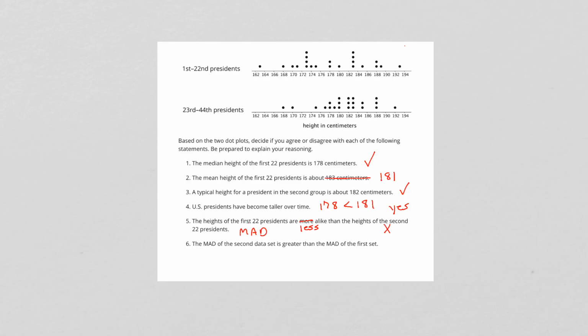The MAD of the second data we said was 4.27, and we said the MAD of the first set was 6.75. So is that true? Is this greater than that? No. So this one was not true either.